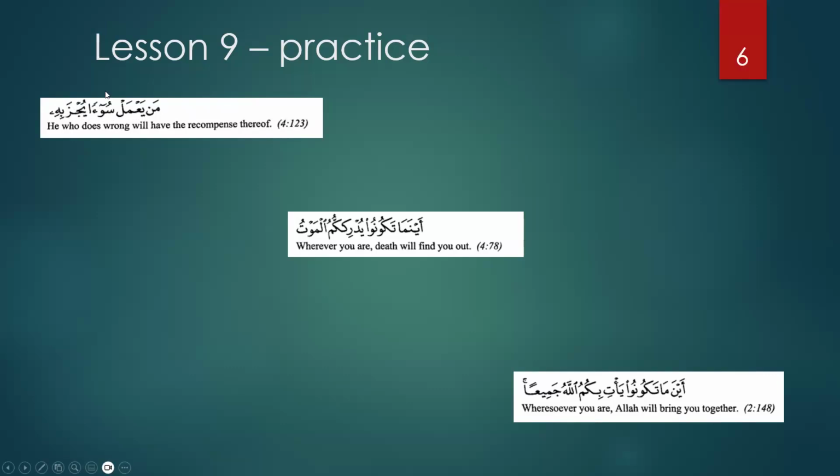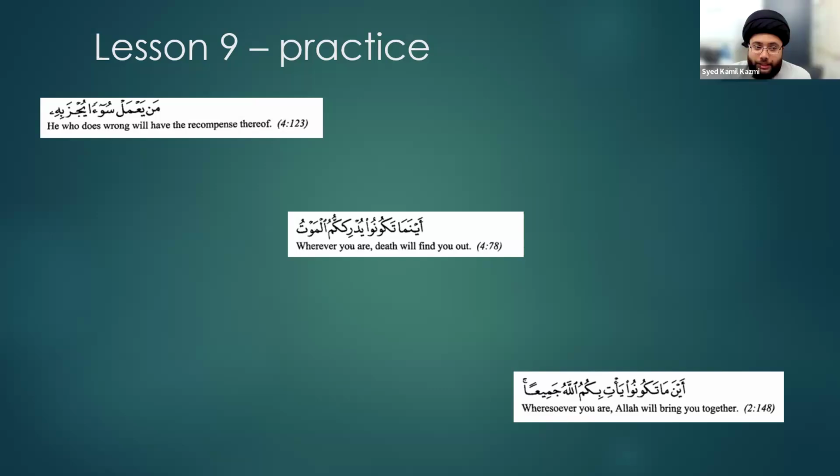What's special about yujza? Yursa is mudara, like it's mudara. Okay, it is mudare, but look at the ya. What's on top of the ya? Oh, Dhamma. The dhamma here. Remember in mudare, the normal form, did the ya have a dhamma on it or a fatha on it?